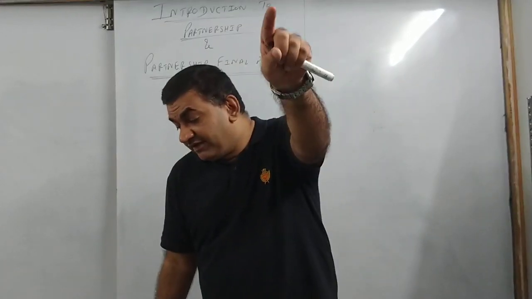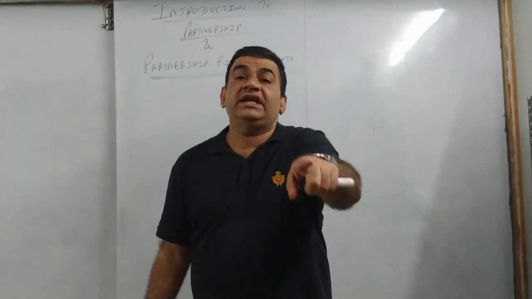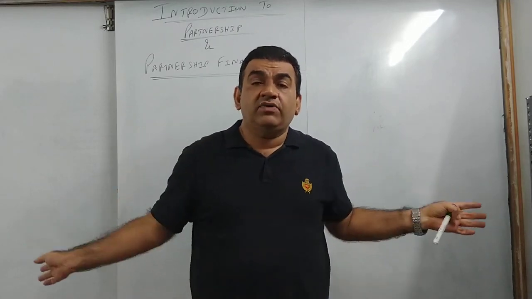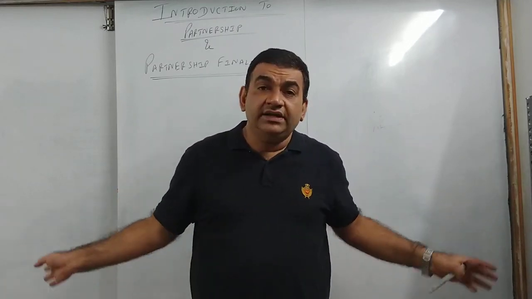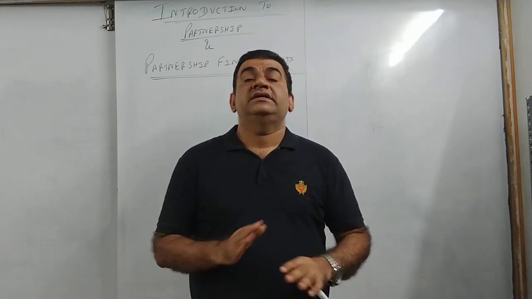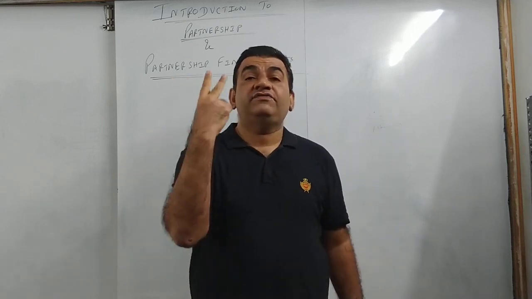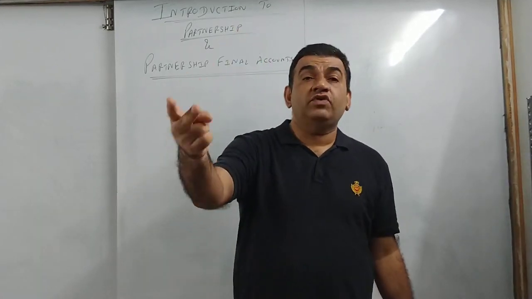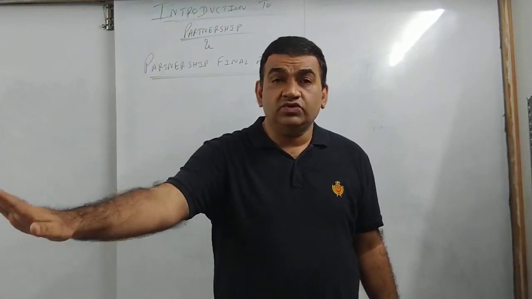Now, if a partner wants, he can dissolve the firm by giving 14 days notice to the firm. One partner says, I'm not able to do the business. Others say, chalo forget it yaar, हमको भी continue नहीं करना है. So just 14 days का notice is given, and the firm can be dissolved. 3 partners are there. If 2 don't want to continue, both of them can give a notice of 14 days. Ke bhai, okay, it's enough. We are giving you 14 days notice.